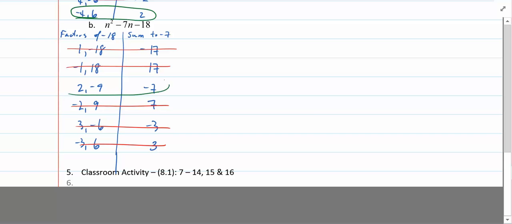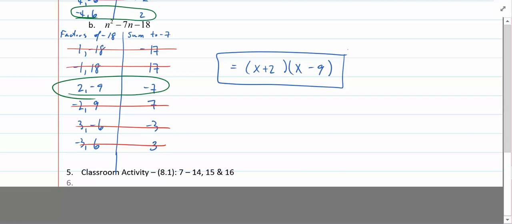However, there is one option that does, and that's utilizing the factors 2 and negative 9. So in this case, we would say that the factored result of the trinomial x squared minus 7x minus 18 is equal to the binomial pair x plus 2 and x minus 9.